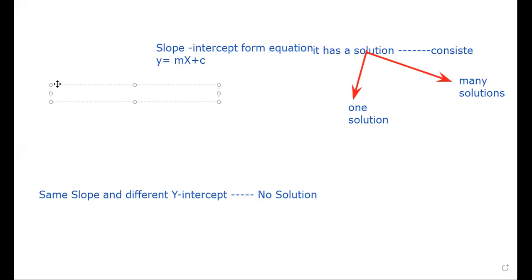Question number 7. So we have x plus 2y equals 6, and the second one is 2x minus 3y equals 26.